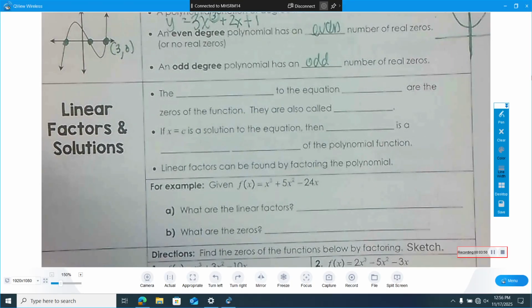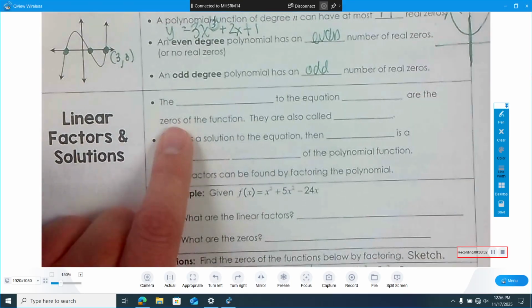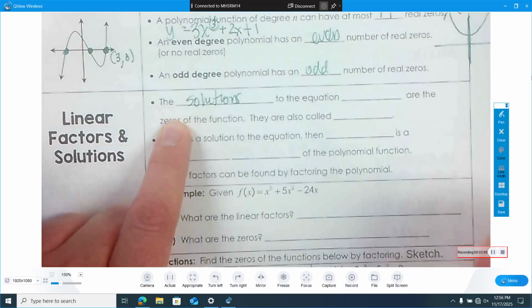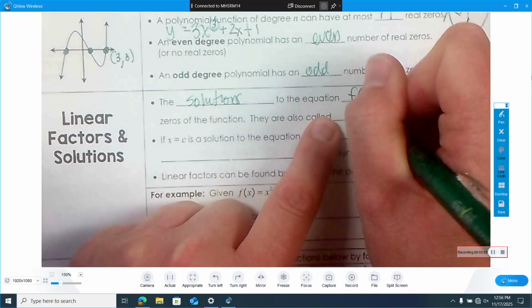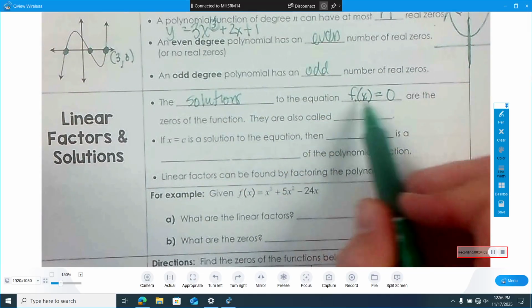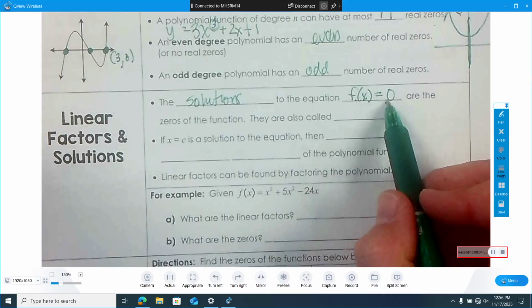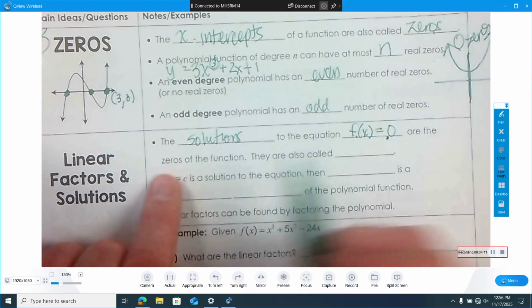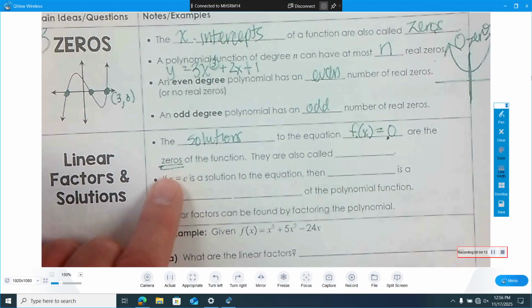Okay, well, let's talk about a little bit more. The solutions to the equation f of x equals 0. So this is taking our function and setting it equal to 0. That's saying, hey, if the y value is 0, this is going to give us the zeros of the function.